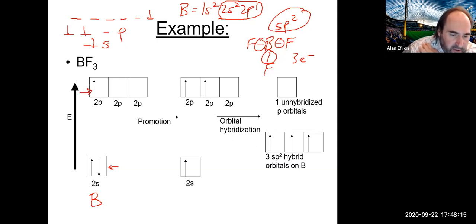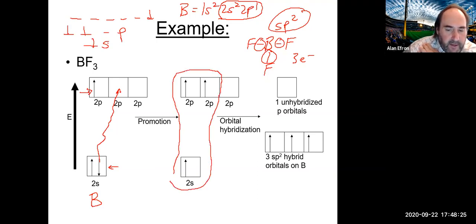This lower electron will work its way up just like normal and go to the box next to it. Then this s orbital here and these 2 p orbitals here are going to go through hybridization, and we're going to get 3 sp2 hybrid orbitals. We also are left with 1 unhybridized orbital over here.